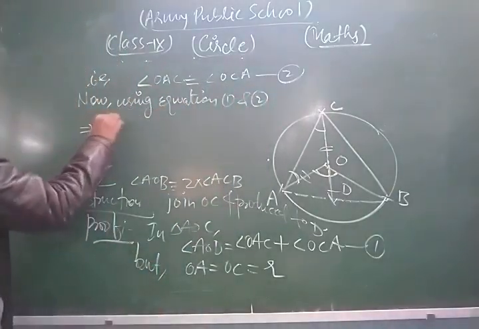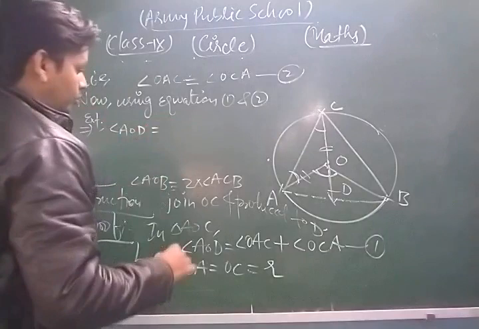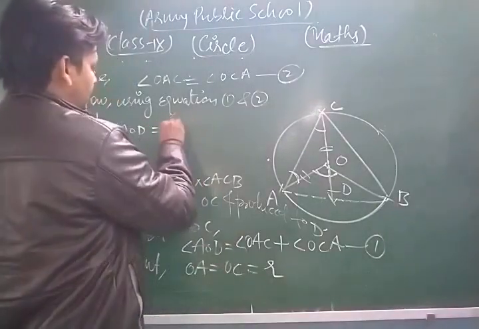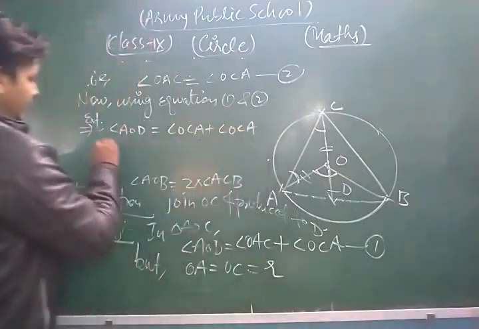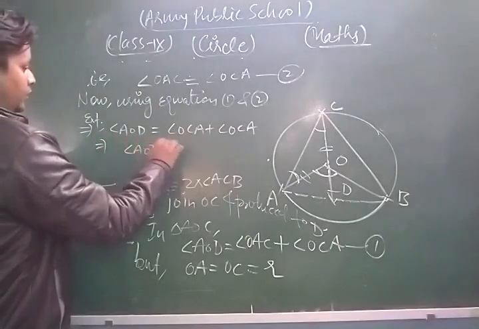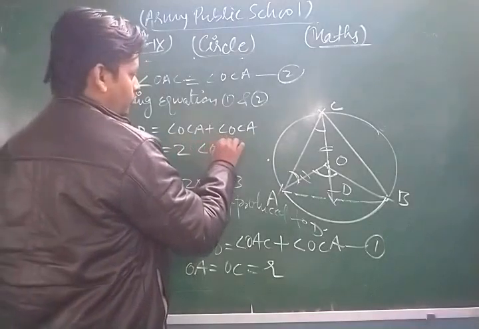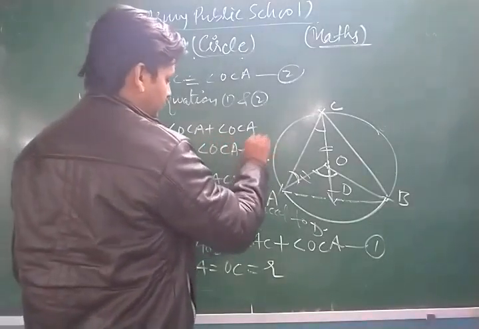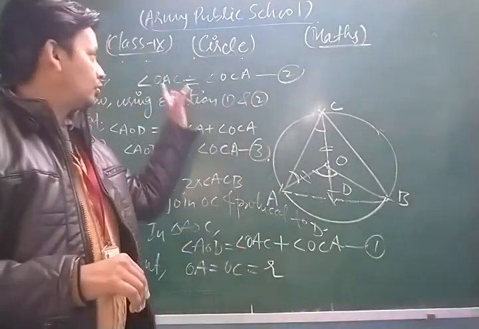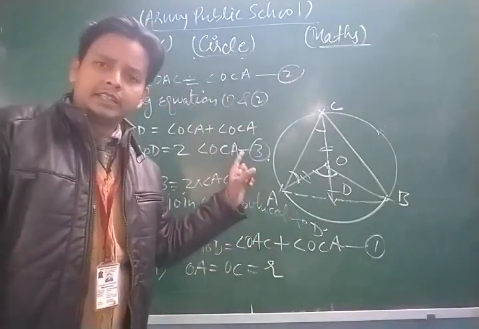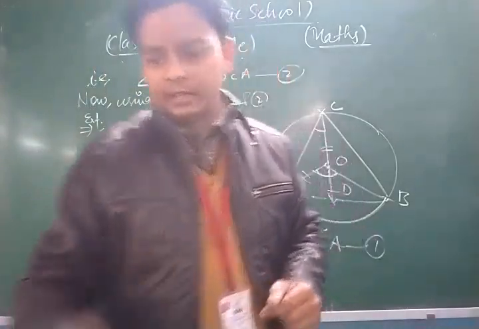So the exterior angle AOD is equal to angle OCA plus angle OCA, that is, angle AOD is equal to 2 times angle OCA. Take this as equation number 3.